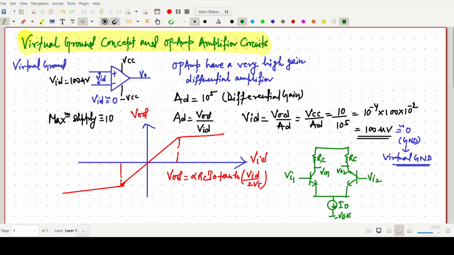I have already discussed this one, and VCC. So if we plot the Vod and Vid curve, this one is somehow this one. So this one is the concept.